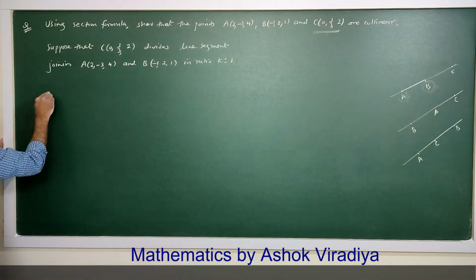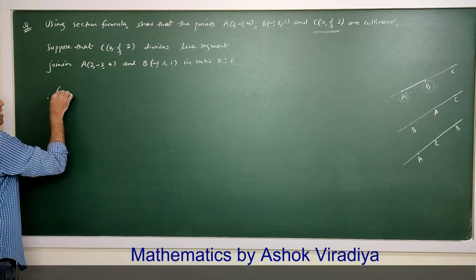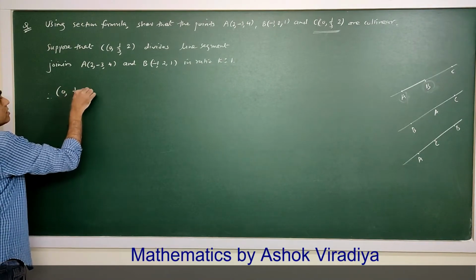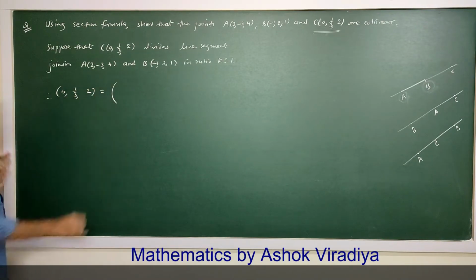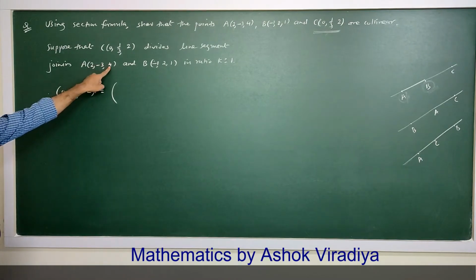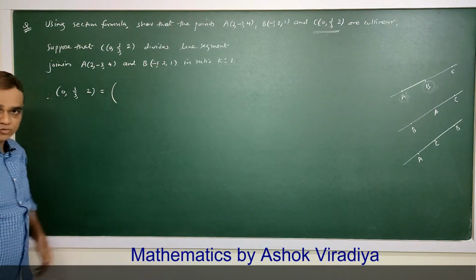So therefore coordinates of dividing point equal to, this is x1 y1 z1, this is x2 y2 z2.